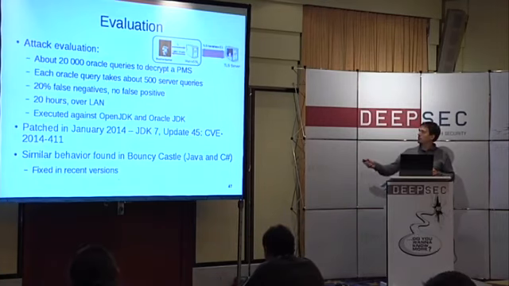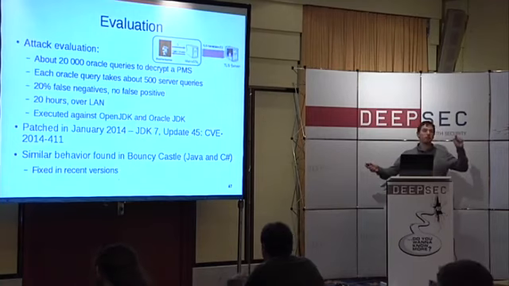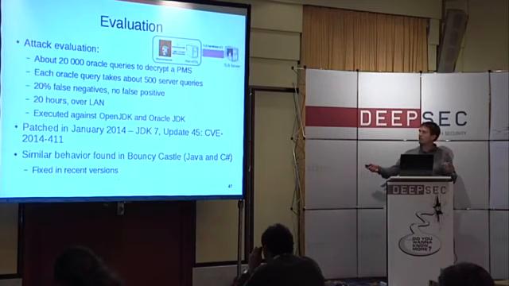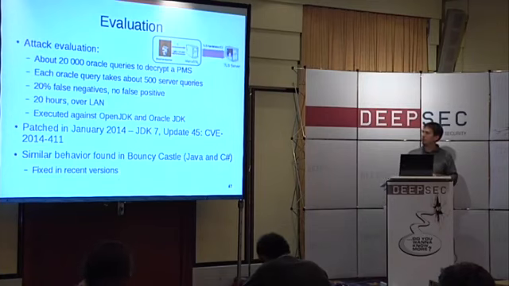The tool has to send several messages to the server to distinguish valid and invalid based on the timings. We needed about 500 queries to distinguish them, and about 20,000 queries to decrypt the whole pre-master secret. We got about 20% false negatives, and it lasted about 20 hours.